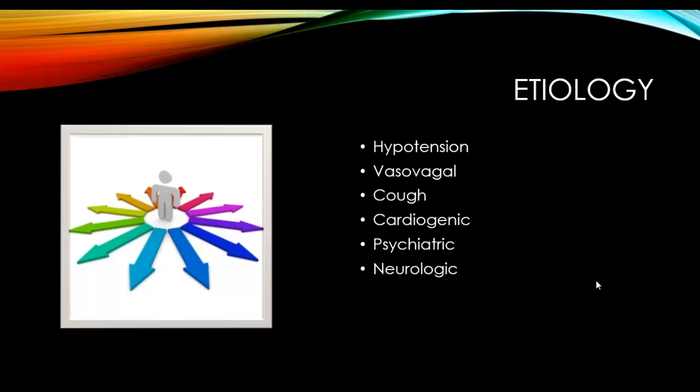When we look at children, we want to pay particular note to the asthmatic children because they can have what's called cough syncope. This is predominantly caused by those asthmatic patients that just can't catch their breath during a cough and they end up vagaling down.